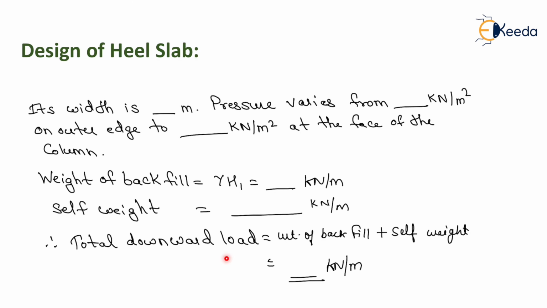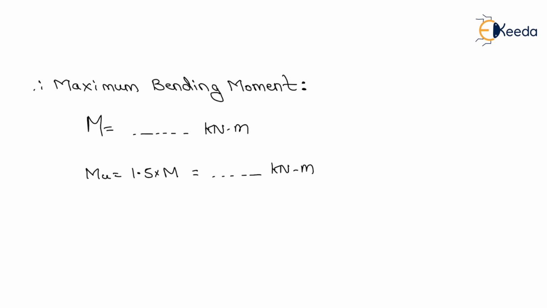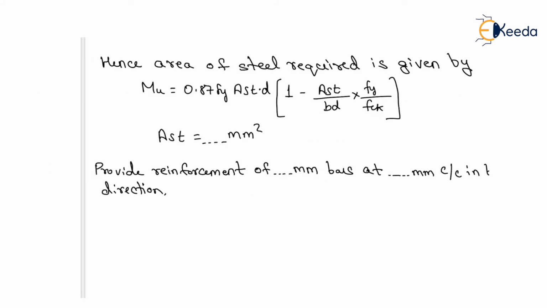Therefore, total downward load equals weight of backfill plus self weight, calculated in kilonewton per meter. Now, maximum bending moment M is calculated in kilonewton meter, and after this we will calculate ultimate moment by multiplying M with 1.5. We will get this value in kilonewton meter.